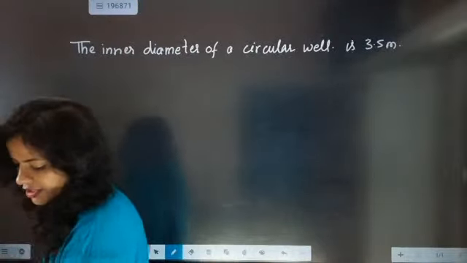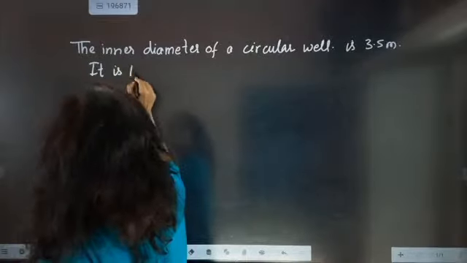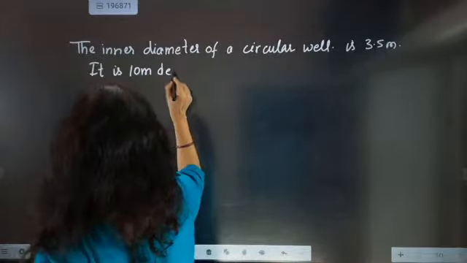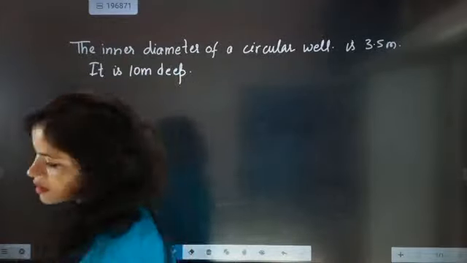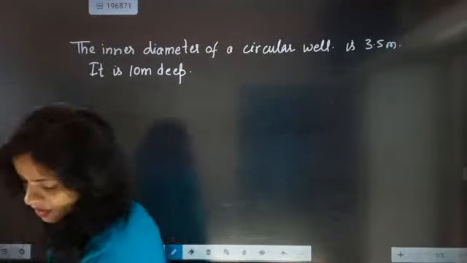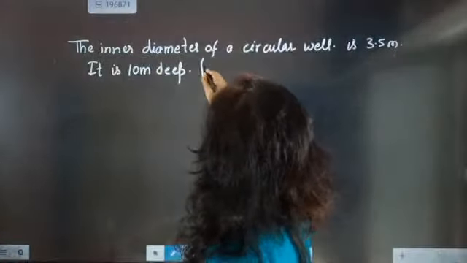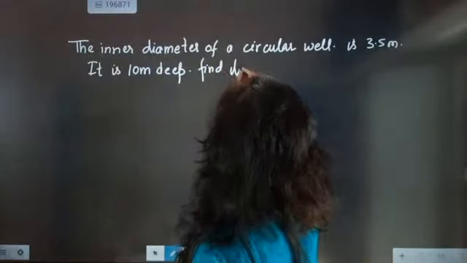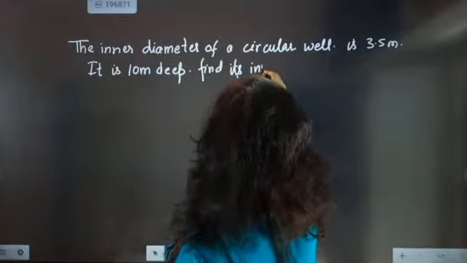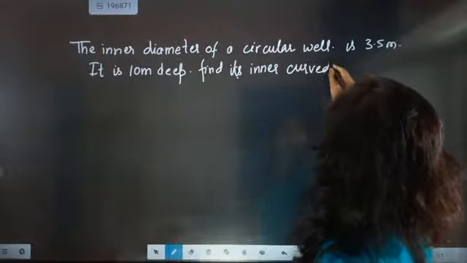It is 10 meter deep. Hi Aishwarya. Now look here, beta. Find its inner curved surface area. You have to find quickly its inner curved surface area. Everybody start solving.